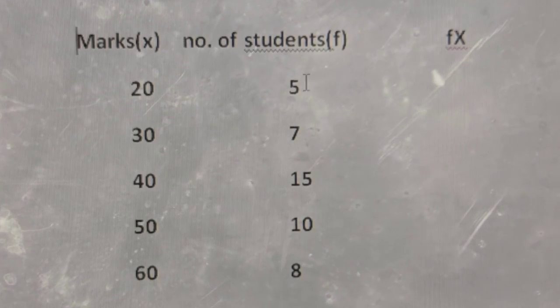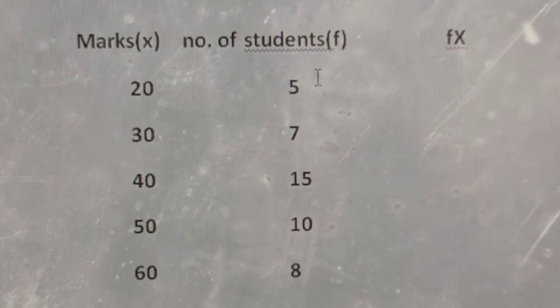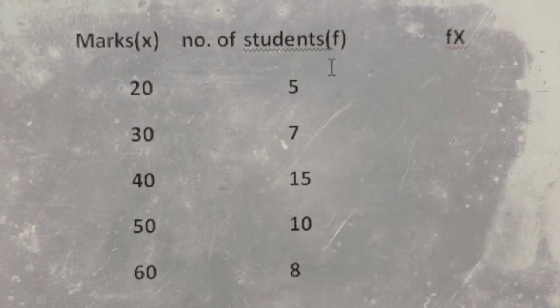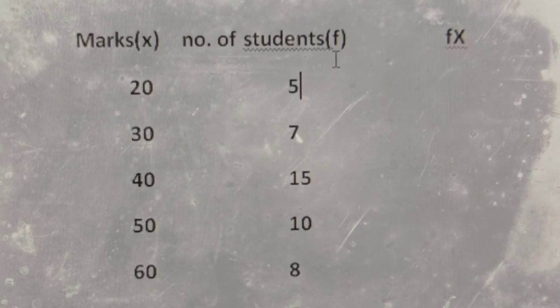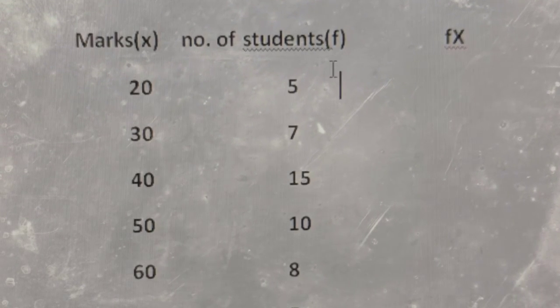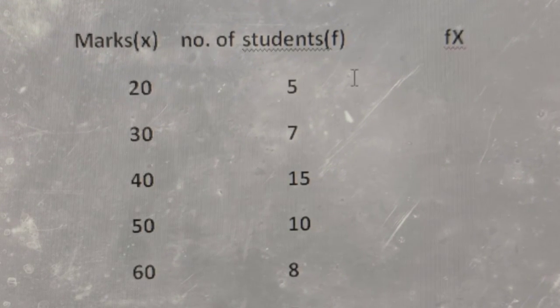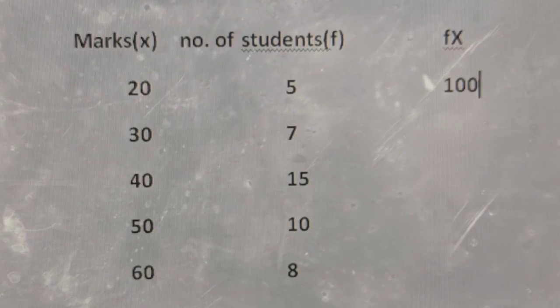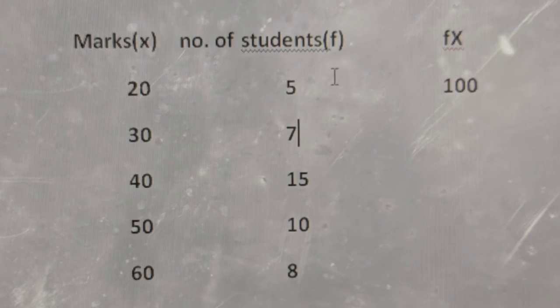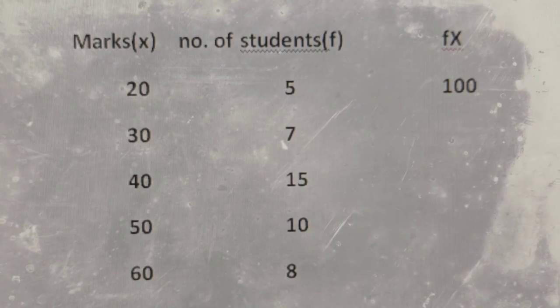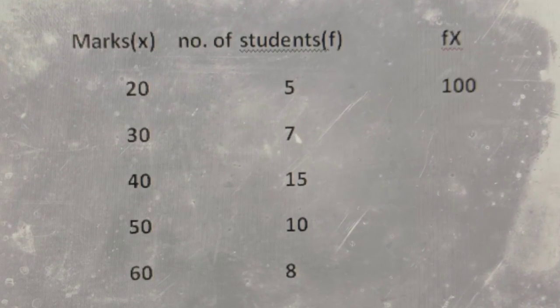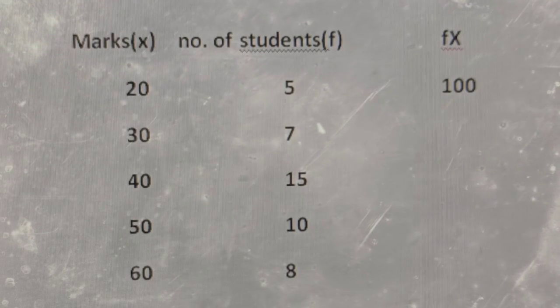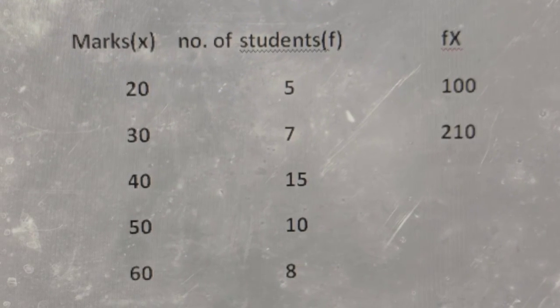Now we will follow the formula, where we need Fx. What does Fx mean? F into X. X is 20 and F is 5, so 20 into 5 is 100. Then next, 30 into 7.